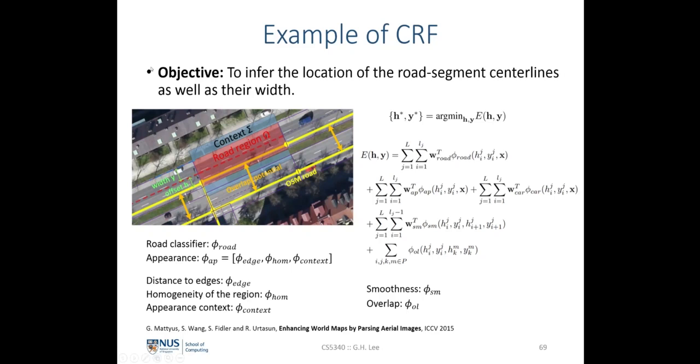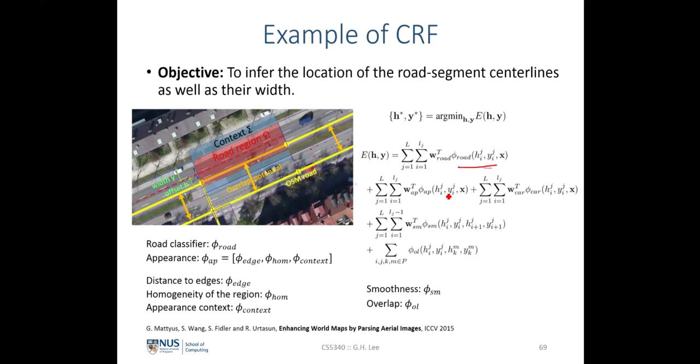So the idea here is that, given the prior observations of the road, for example inputting these aerial images, I'm going to train a classifier. It could be a deep network that tells me which pixel belongs to the road and which pixel doesn't belong to the road, for example.